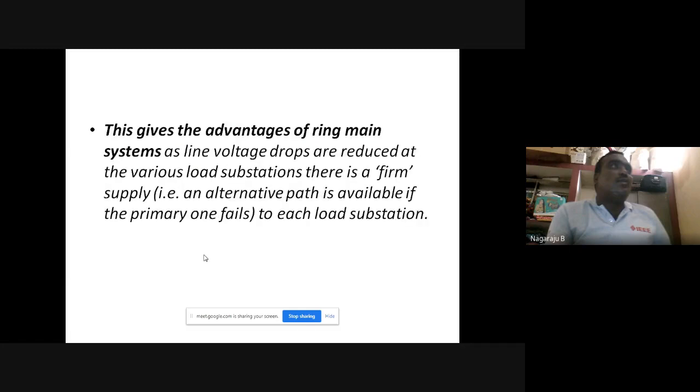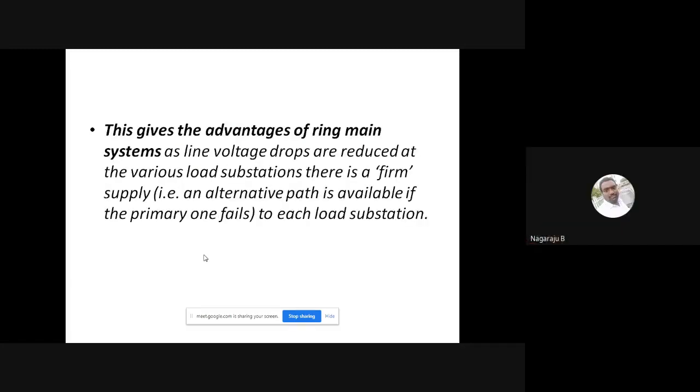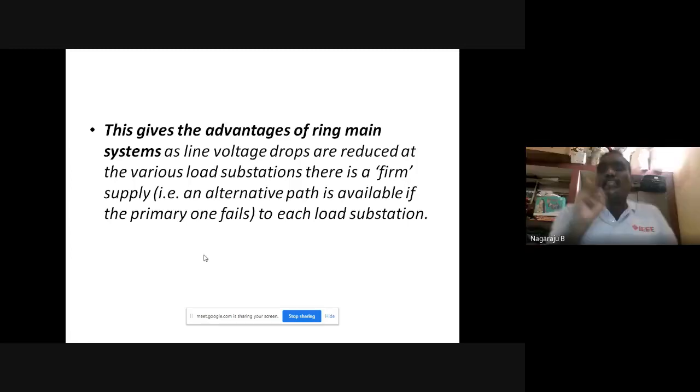Automation things are there. So the main advantage of the ring main type is that voltage drops are reduced at various loads of the substation, and an alternate path is available if the primary one fails, for each load substation. All of you remember.